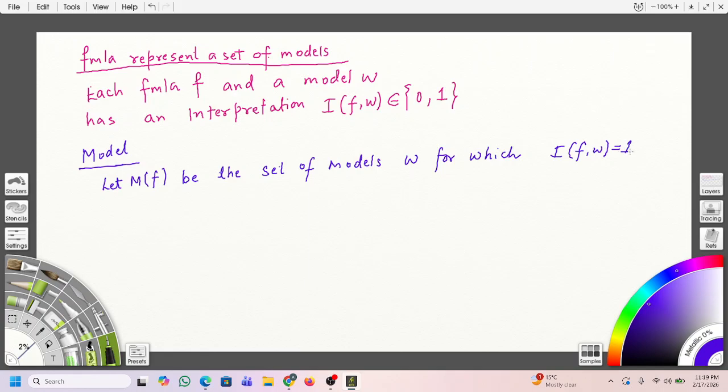So M(F), that means model of F, is defined as the set of worlds W for which I(F, W) is equal to 1.